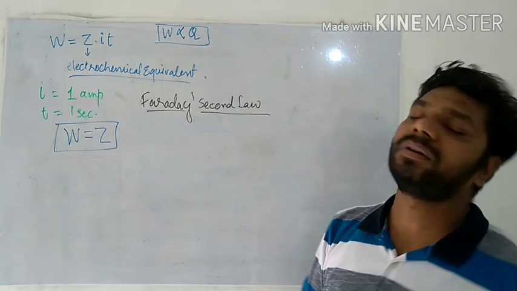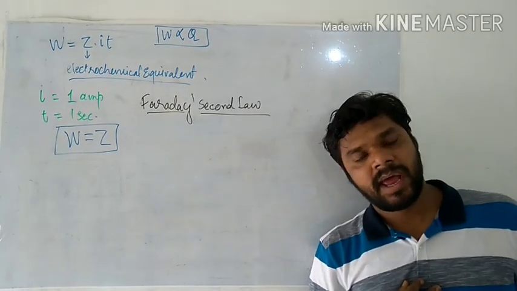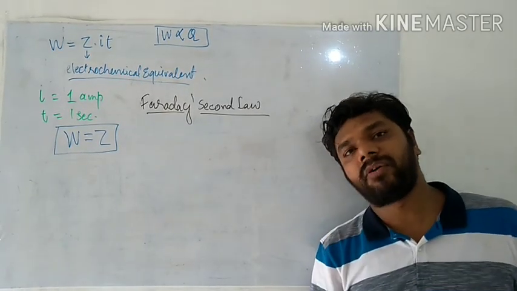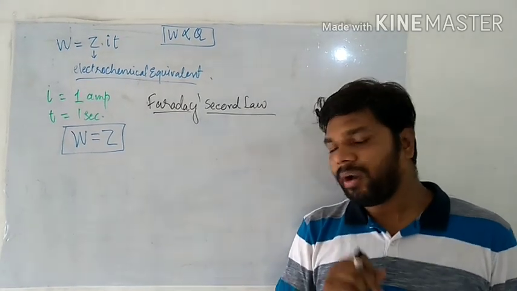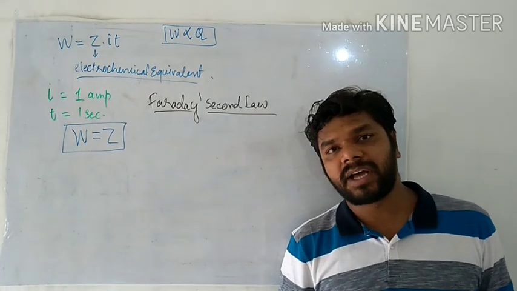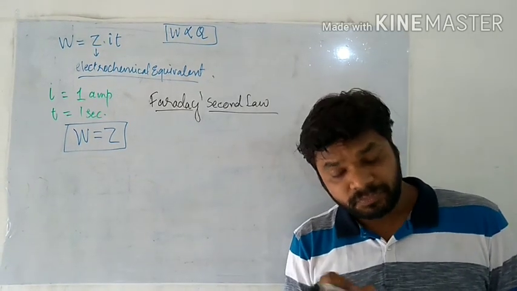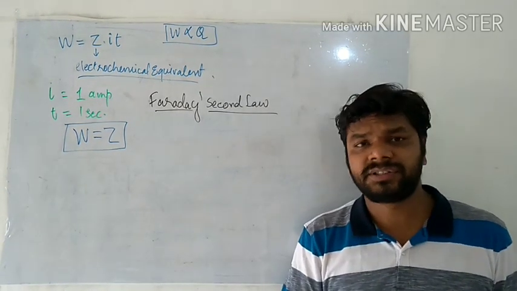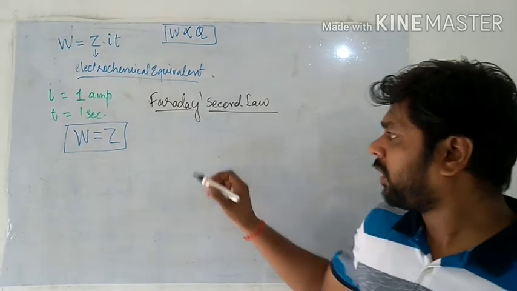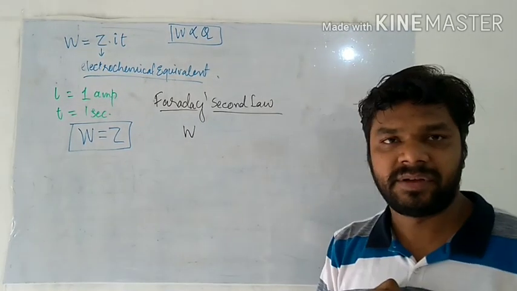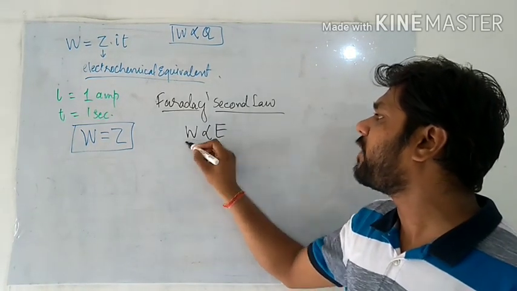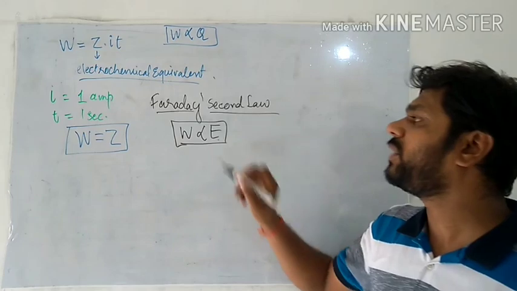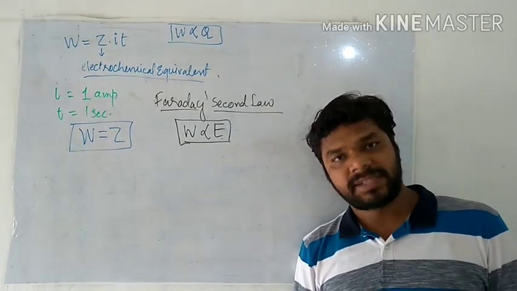Suppose we have more than one electrode and we are passing the same amount of current through the electrodes of different solutions. On passing the same amount of current through different solutions, the mass deposited on electrodes is directly proportional to the equivalent weight of substance.